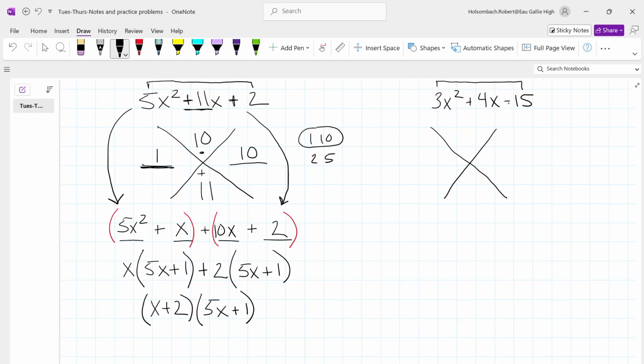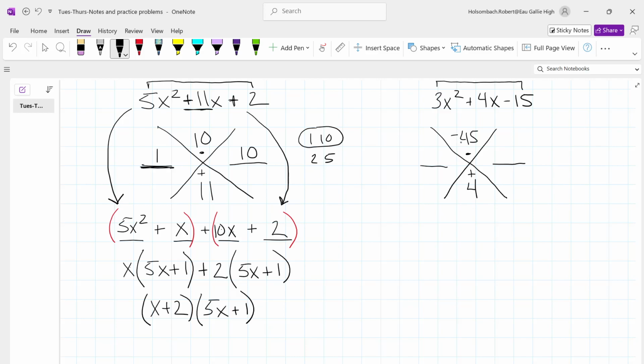So 3 times negative 15 is a negative 45. Our b value goes in the bottom. It's a positive 4. We're looking for a number times a number that equals negative 45, and a number plus a number that equals 4.